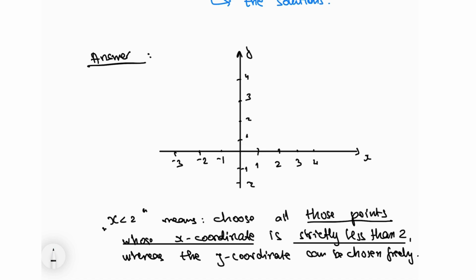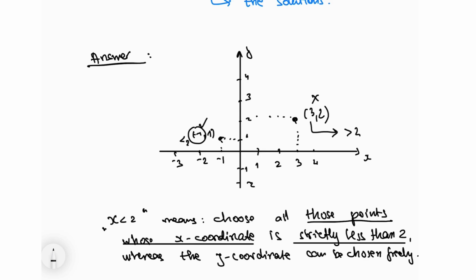So if we take, for example, the point 3, 2, this is not a solution. Why? Because the x coordinate is greater than 2. But if we take the point minus 1 and 1, this is a solution. Why? Because this is less than 2.